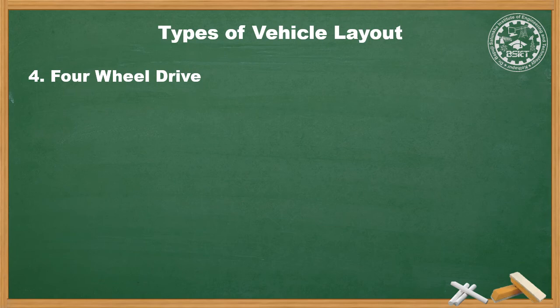The steering of four-wheel drive is hard to operate compared with the other types of drive. In this arrangement, all four wheels of a vehicle are driven by the engine, thus making the weight available for traction.